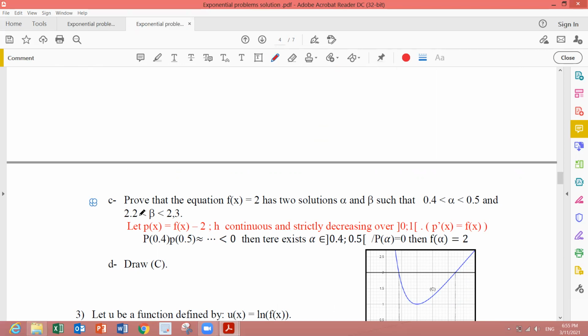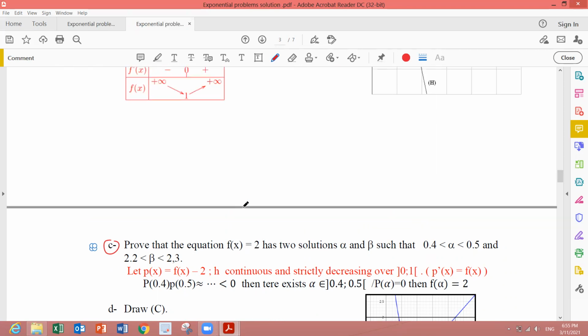E. Prove that the equation f x equal 2 has two solutions, alpha and beta. Alpha is between 0.4 and 0.5.